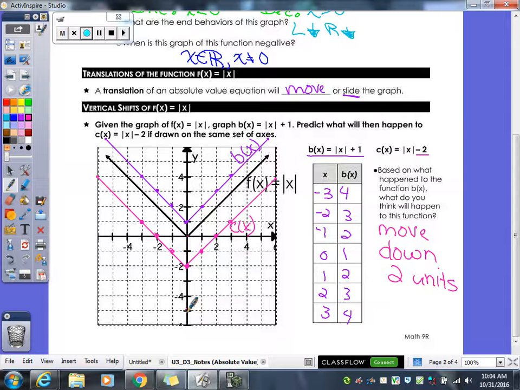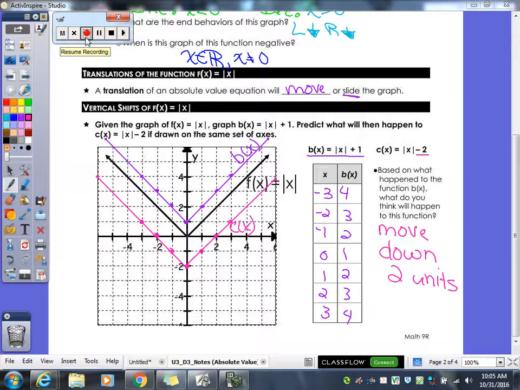And I'll label that graph as c of x. So again, if you're not going to use the table, you just have to write down what are the transformations that are happening. This one's moving down 2 units. That's my work shown. That's good.